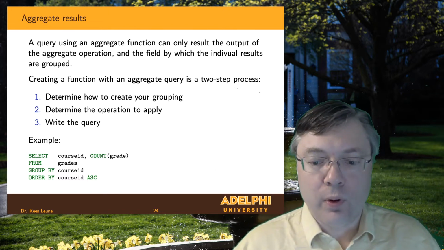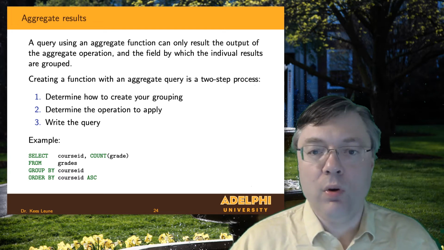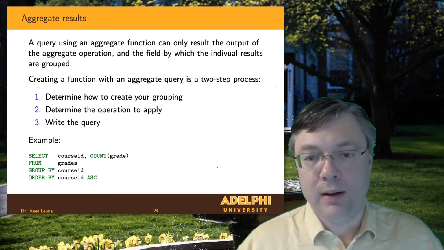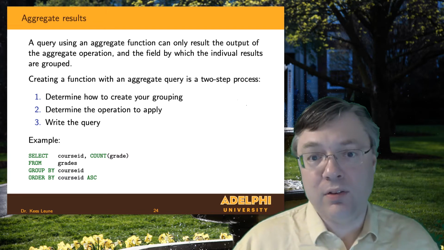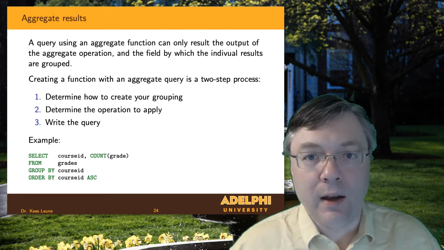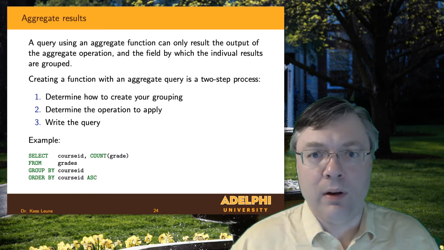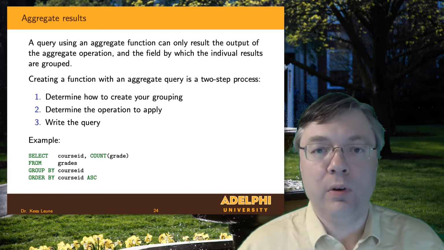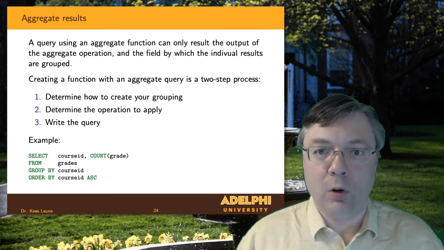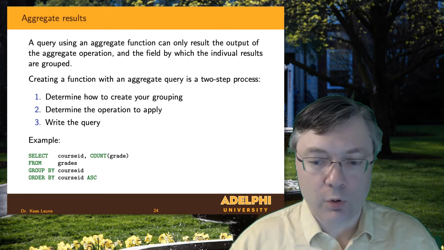If I am going to aggregate by course ID, then the course ID is the only value I can retrieve back from my database. And that makes sense because I've basically gotten rid of all of the other subfields by aggregating on the course ID. In addition to the course ID, the one that I'm aggregating by, I can also return the value of the aggregate operation applying to that grouping.